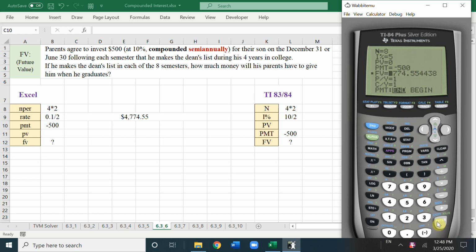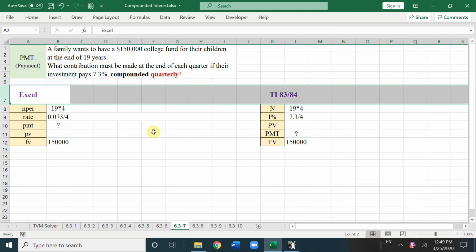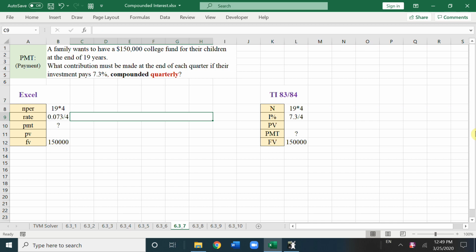alpha, enter. The next one, the keyword is quarterly. So the years need to be times 4, and the rate divided by 4. Payment must be made at the end, that's the default setting.